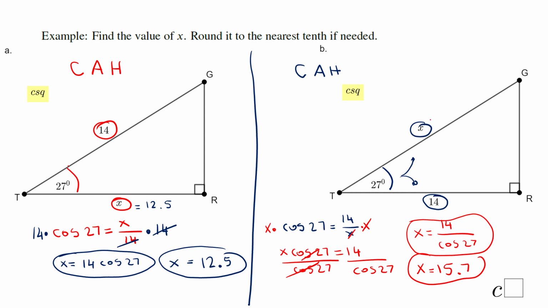Again, if you take a look here, it does make sense. This answer, this hypotenuse, needs to be longer than the leg, which is 14.